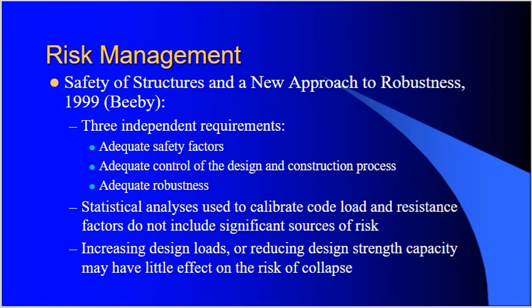Looking at risk management, this has been something that's been talked about for some time. Looking at a paper written by Beeby in 1999, he talked about requiring three independent requirements: adequate safety factors, adequate control of the design and construction process, and adequate robustness.